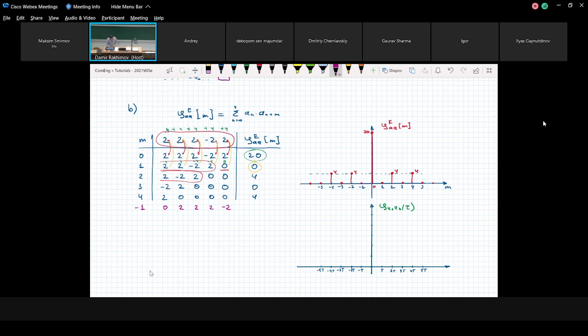2 times 2, 4. 2 times 2, 4. -2 times 2 will be -4. And the last product is also -4. The result will be equal to 0. And if you just continue for -2, it will be 0, 0, 2, 2.